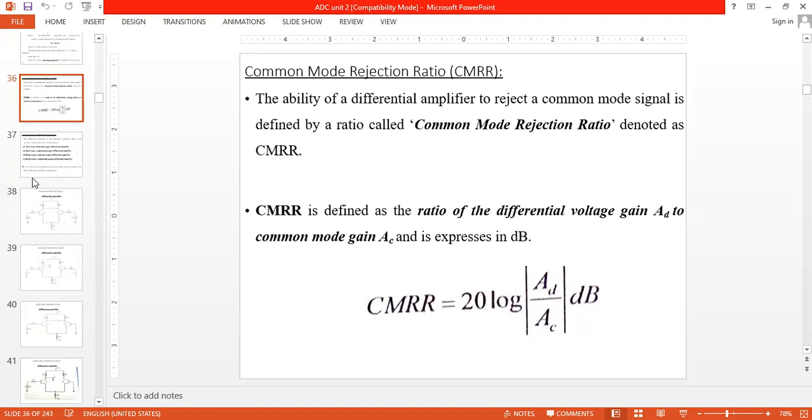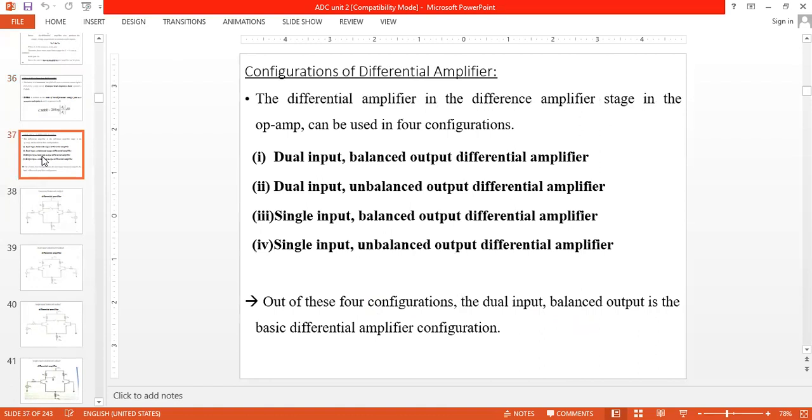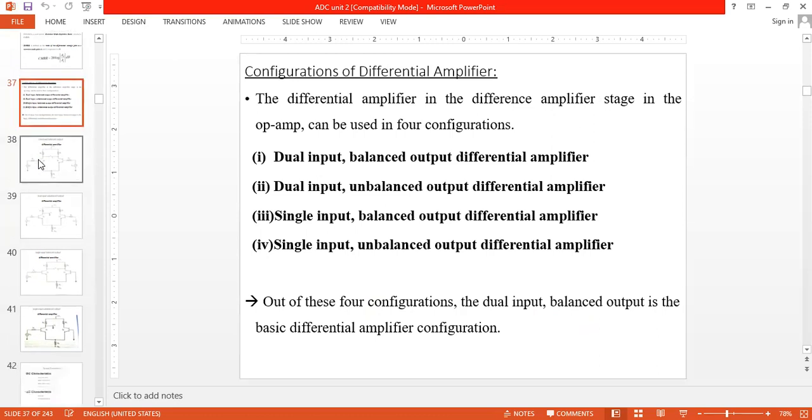For the ideal condition, the CMRR value will be high, that is infinity. CMRR is equal to 20 log of AD divided by AC, and the unit is dB.